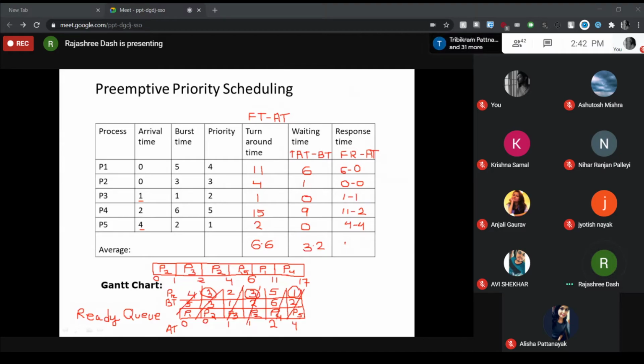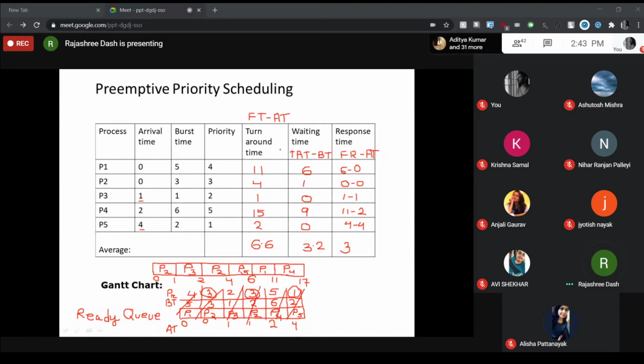As this is preemptive priority scheduling, the average waiting time and the average response time are not the same. In the previous two examples, which were non-preemptive, the waiting time and response time of all the processes are the same, giving the same average waiting time and average response time.